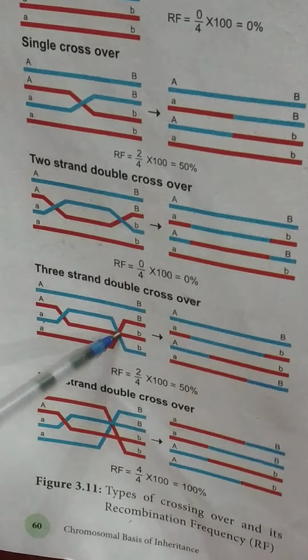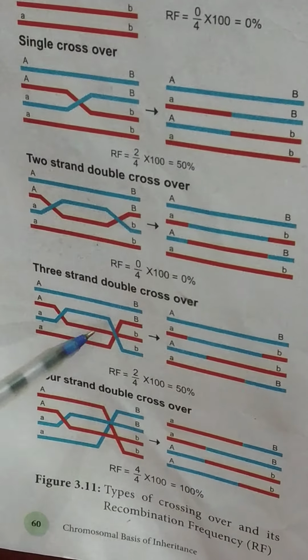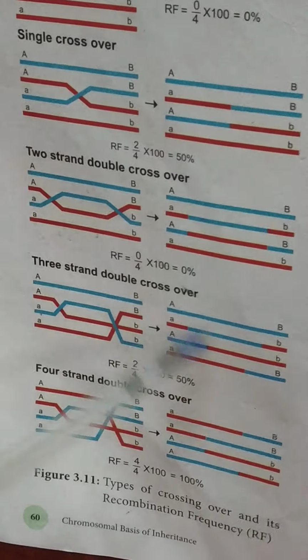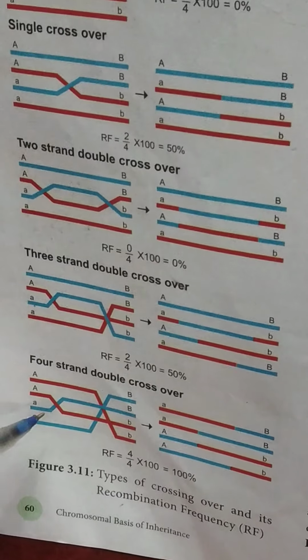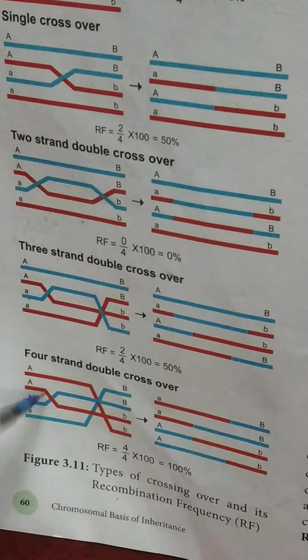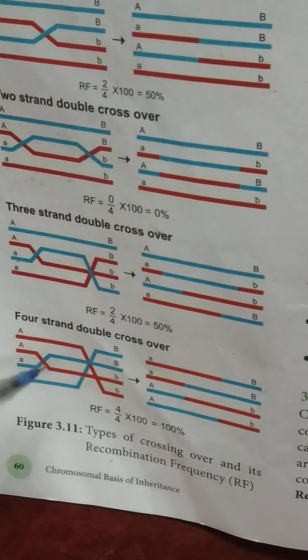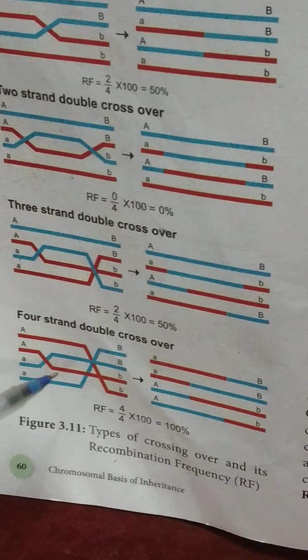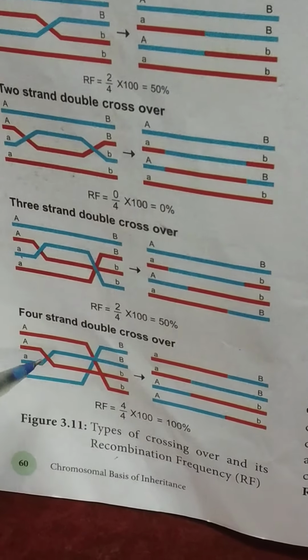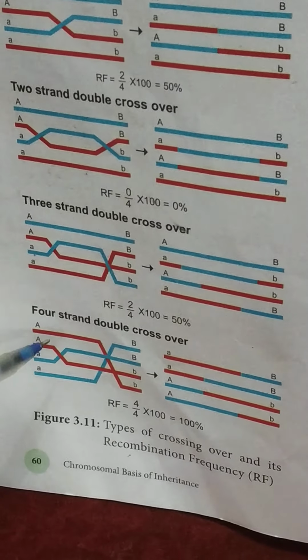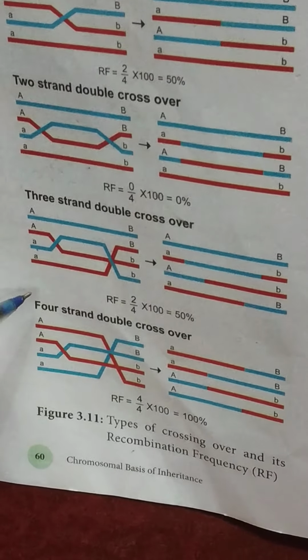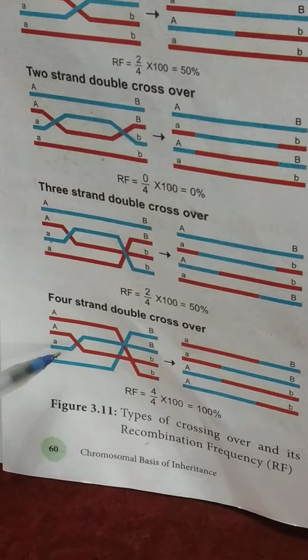Here also 2 chiasmata are formed, and after exchange the picture is shown here. And next is the 4 strand, all the 4 strands are involved, but only 2 double crossovers take place.